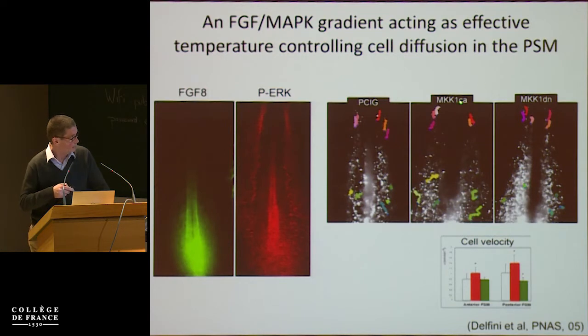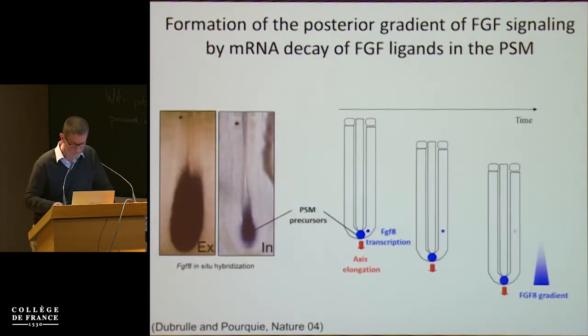So if you activate the pathway, you get cells that are more motile, as shown in red, and if you decrease it with a dominant negative downstream effector, then you decrease the motility of the cells, which was somehow suggesting that FGF signaling in this context might act as an effective temperature controlling the random motility of the cells, the diffusion of the cells.